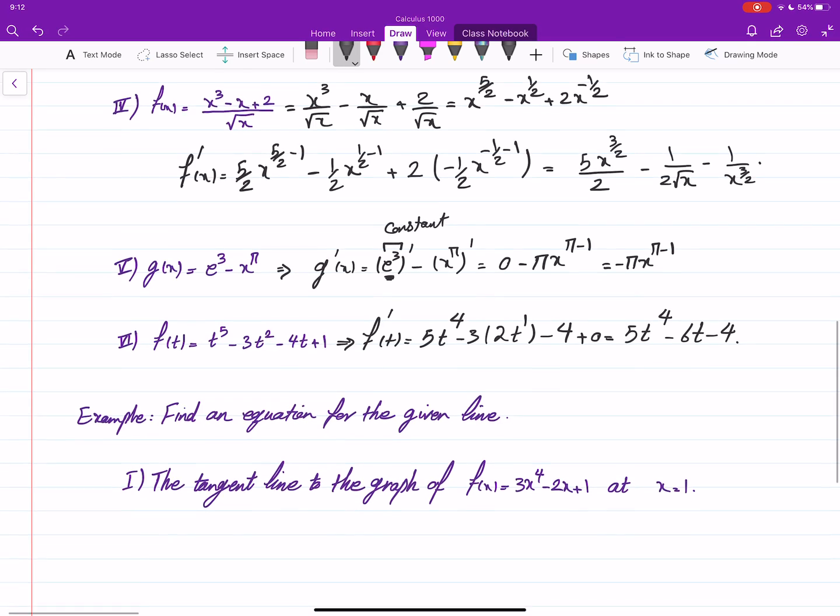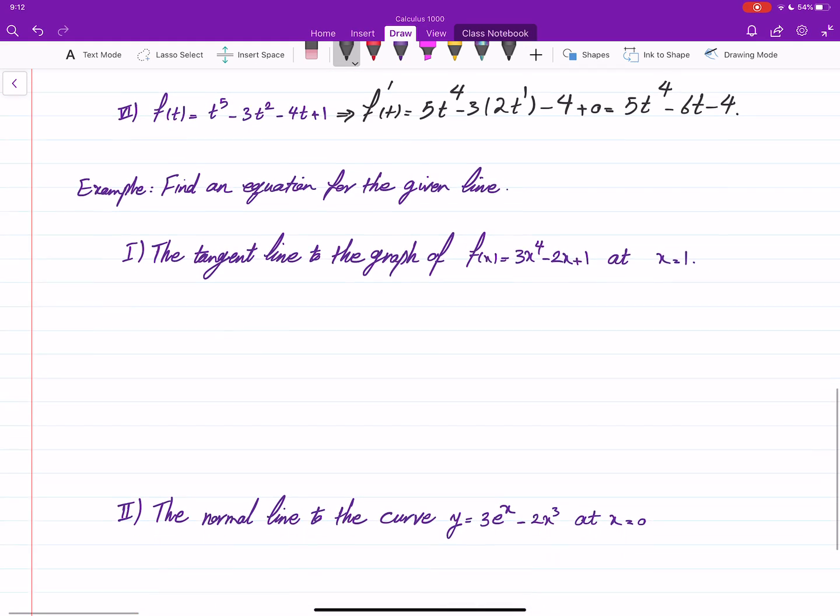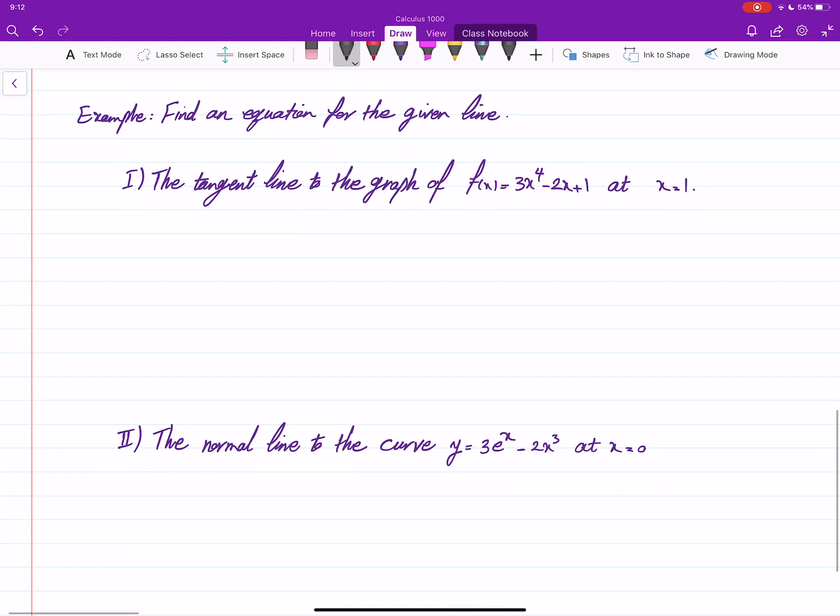Now that we are done with these, we can go on and do a little bit more, because these rules will help you to find derivatives, and the derivative of a function at a point gives you the slope of the tangent line to the graph of that function. So here we are looking for an equation for the tangent line to the graph of this function. So remember, to write an equation, we need two things. First, a point.